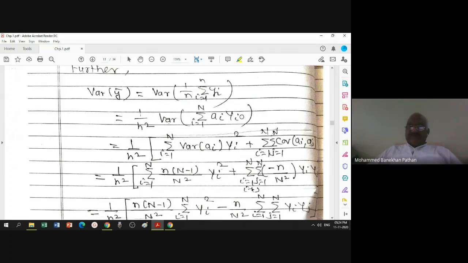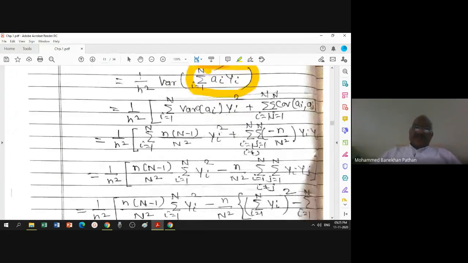If it is not coming in the sample, a_i becomes 0. So this term, which is a sample quantity, and this, a population quantity, both give the same answer due to a_i. a_i is 1 only for those values which are in the sample, otherwise a_i is 0. So this total and this total are one and the same thing.